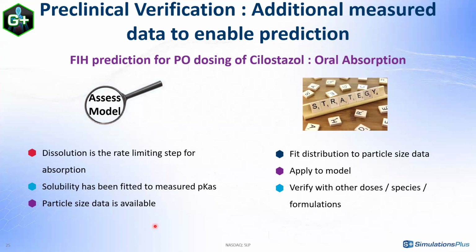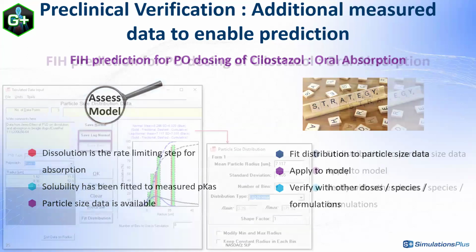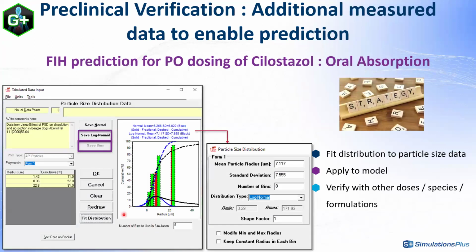We do have the measured particle size data for this input material, and so it needs to be incorporated into the model by fitting a distribution to the XD50 data and resimulating our prediction. We can do this within GastroPlus by using either the XD10, 50 and 90, although please note that the input is actually radius, or even a full particle size distribution.